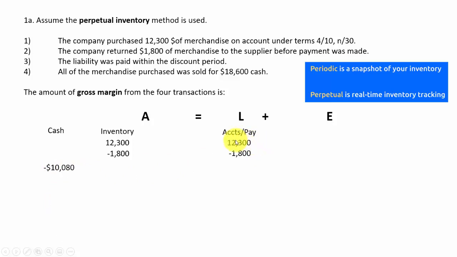That would be the 12,300 minus what we returned, and then we'll take, like I said, a 4% discount off of that. The way we figure that is 12,300 minus 1,800 times 0.96, which is the same thing as taking a 4% discount. When you run that through your calculator, it comes out to $10,080.